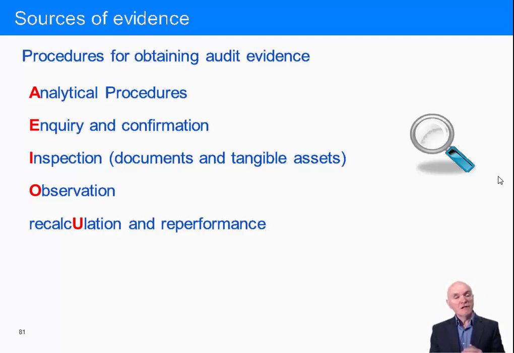Observation, observing people doing stuff. Good example of this is very often more in controls and looking at substantive tests, but you have been told by the client when goods come in, what the people do in the receiving bay where the goods are received.